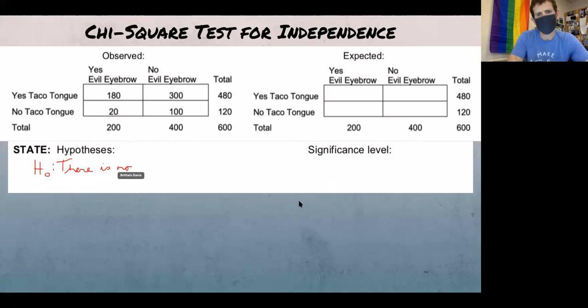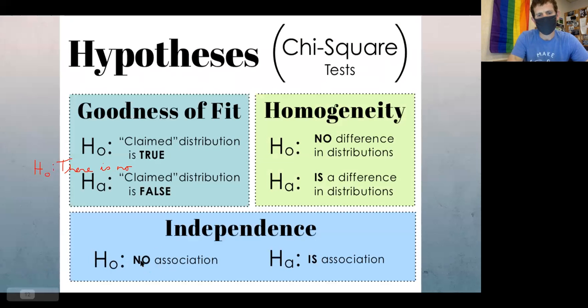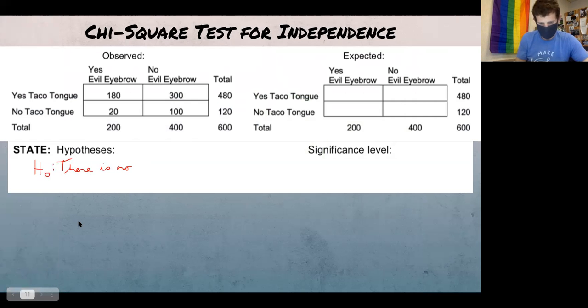Wait, is that right? Yeah, okay, good. I want to make sure I didn't lie to you. Independence says that there's no association. So the null is that it is independent. The null is that it is independent. Yeah, that's the other way of saying it.